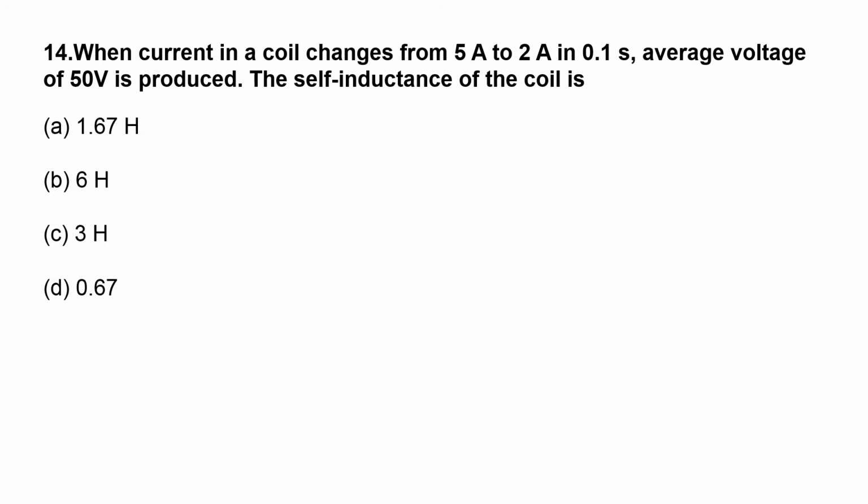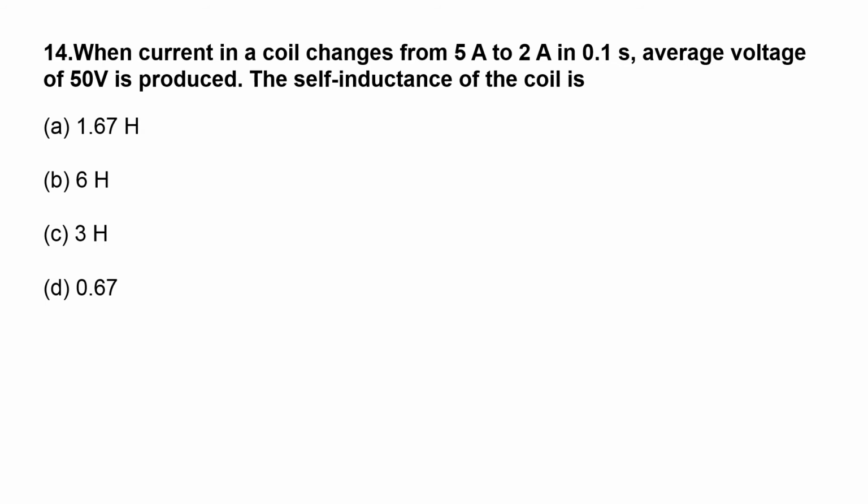Here in this question you have to find the self-inductance of the coil, and in that coil current changes from 5 ampere to 2 ampere in a time of 0.1 second and average voltage is 50 volt.